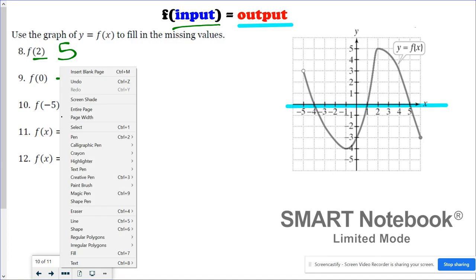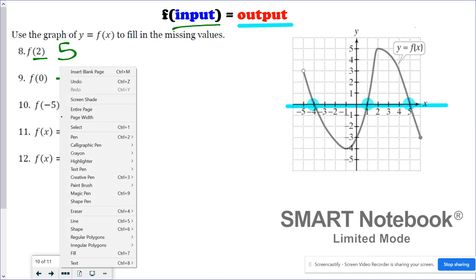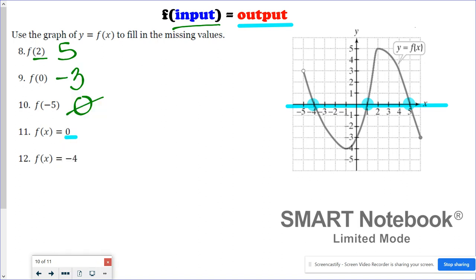And so do you see all the places that have a y value of 0? You've got one at -4. You've got another one here at 1 and another one here at 5. So there are 3 places on our graph that have an output value of 0. And so you have x is equal to -4, 1, and 5.